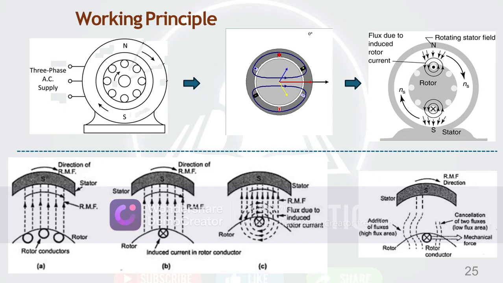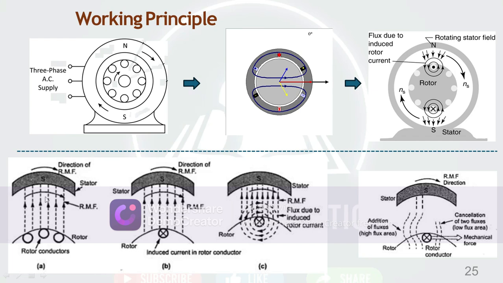Now the working principle of the three-phase motor. As per the left-hand rule, the law of induction, a force is exerted on each bar of the rotor conductor. A three-phase supply is provided and fluxes are produced in the air gap.